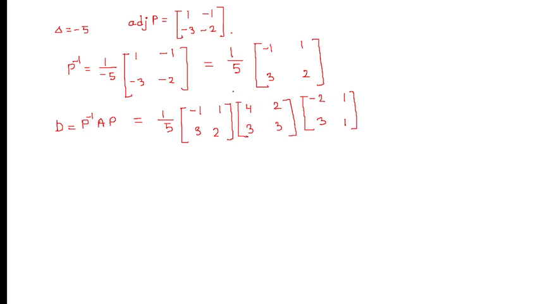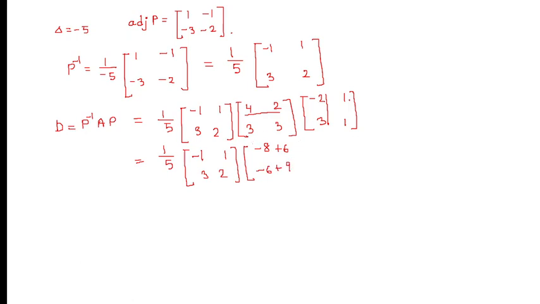So let us start from this side. First multiply this with this. So 1 by 5 times, I am getting minus 8 and 3 2s are 6. So minus 8 plus 6, and this will be minus 6 and plus 9.